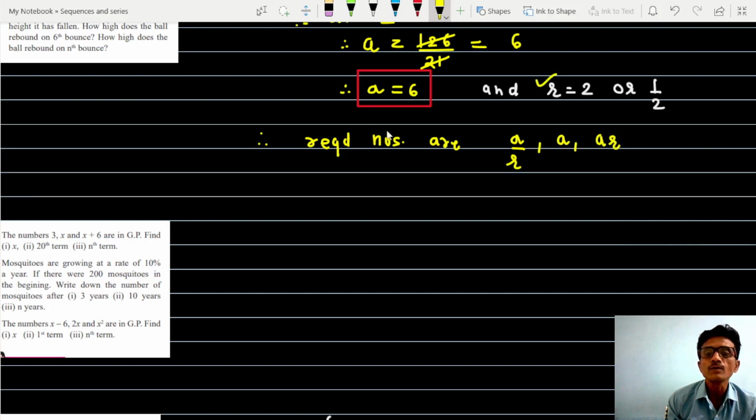If we take r is equal to 2, then a is 6 already. 6 divided by 2 means 3, 6, and 6 into 2 that is 12. So you are getting this number.